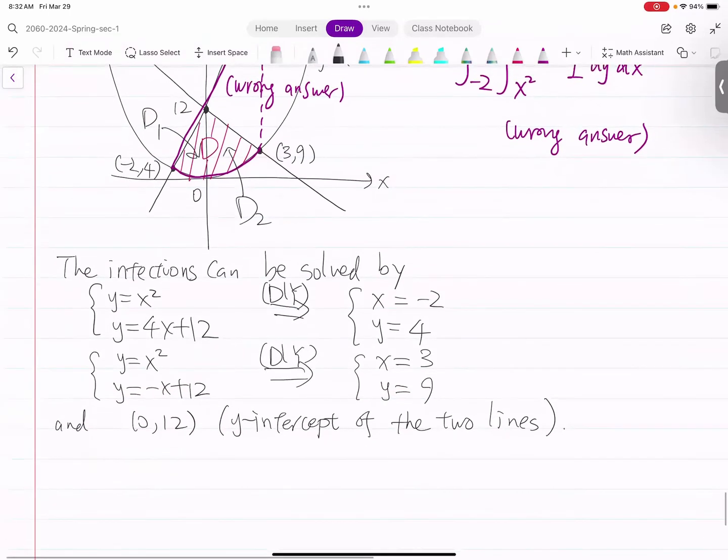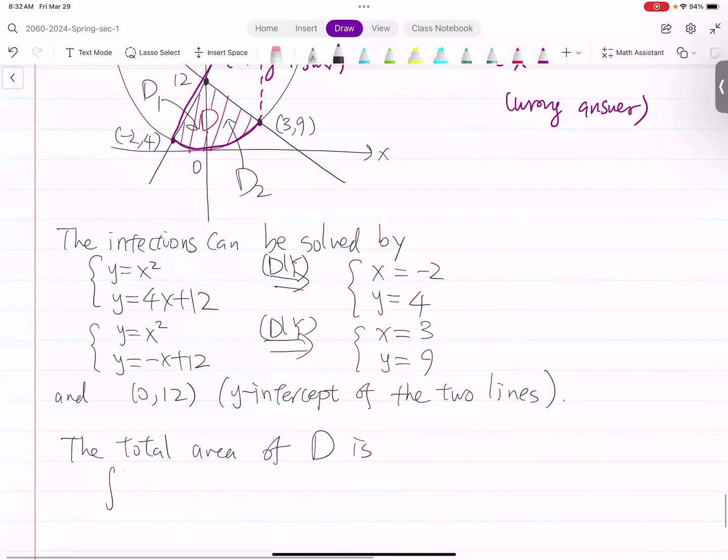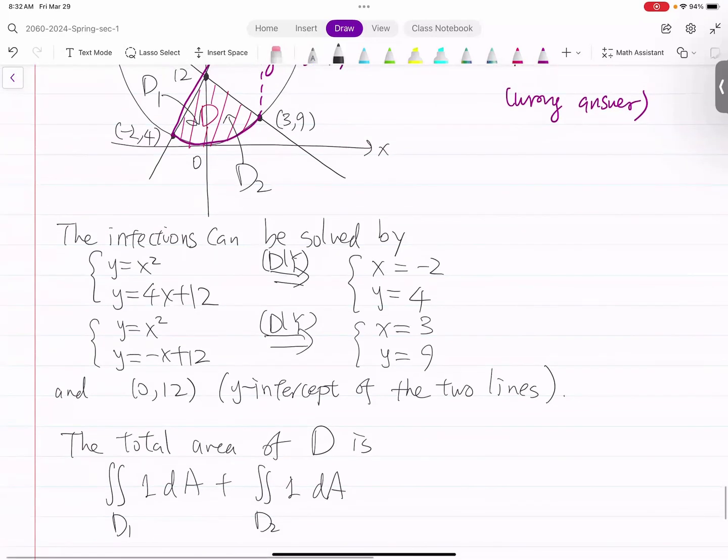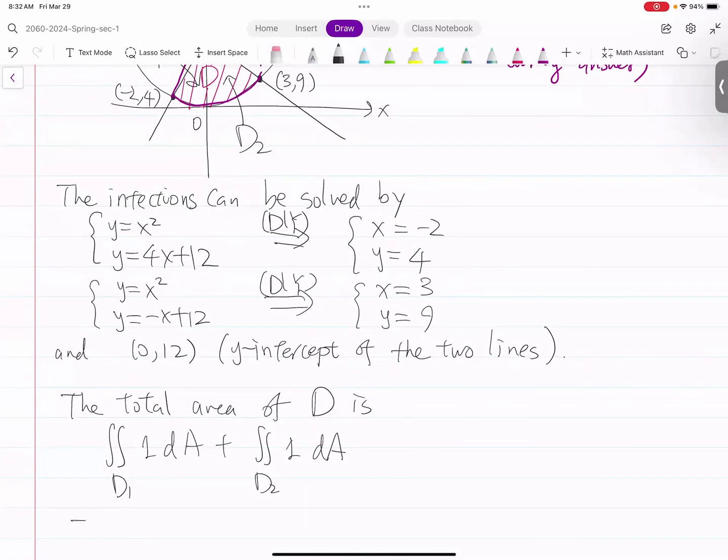So here we just say the total area of the region D is the sum of two pieces: the integral over D1 integrating 1 plus the integral over D2 integrating 1. And here we see that D1 goes from -2 to 0, dx.